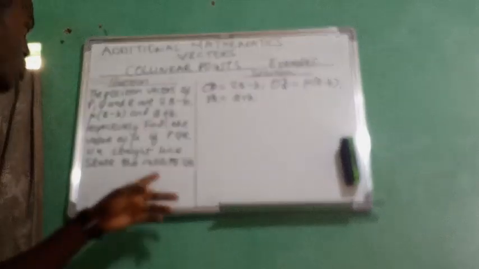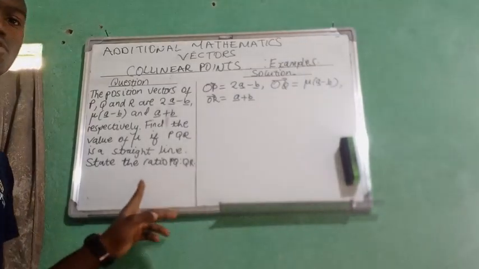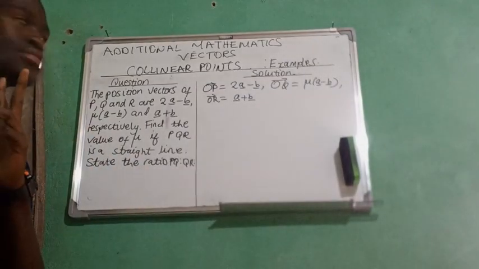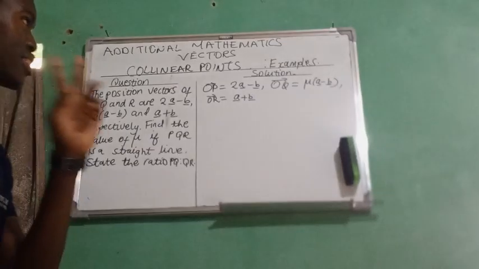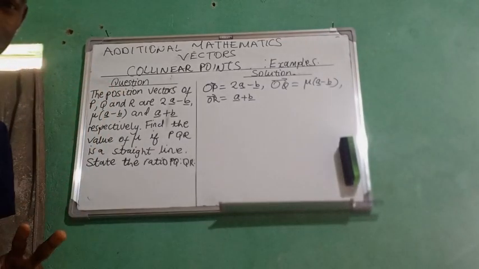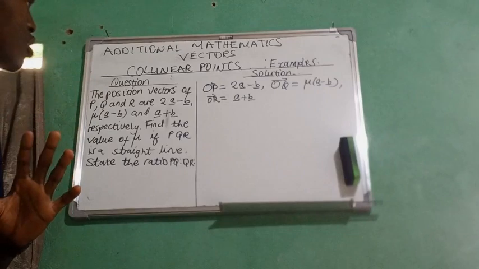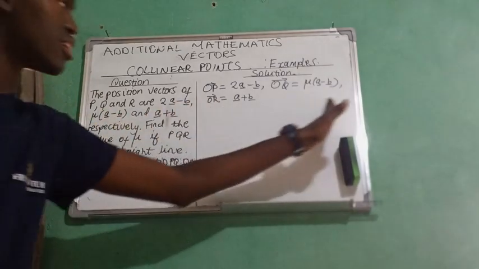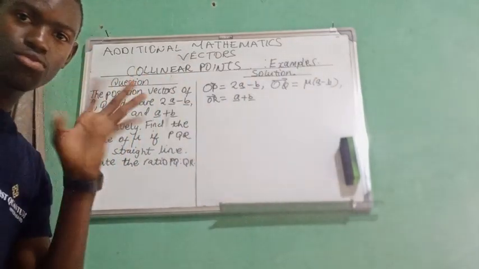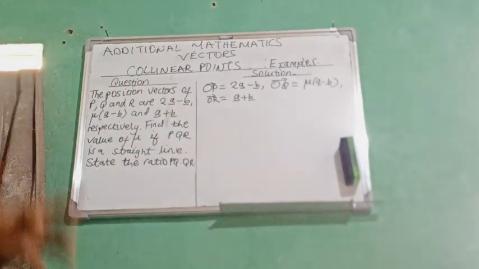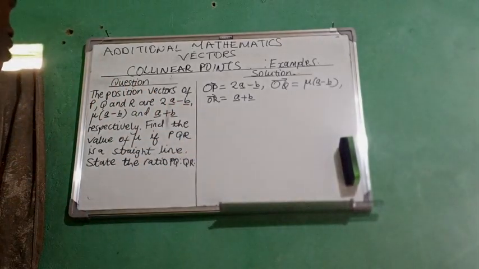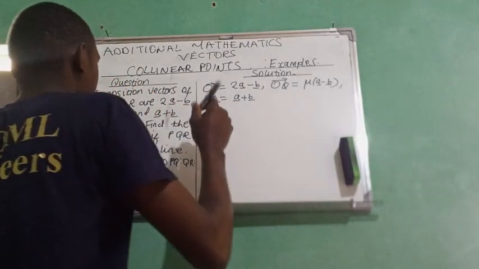So let's use this ratio. Alright, let's form two vectors that have mu. We're trying to find the value of mu. So we have these position vectors. The way you should think is that you form two vectors that have mu. One vector that has mu is PQ.